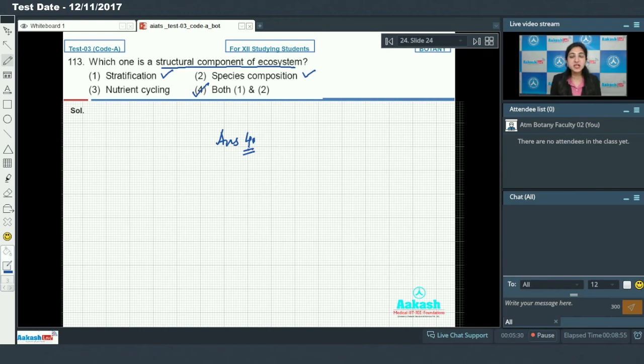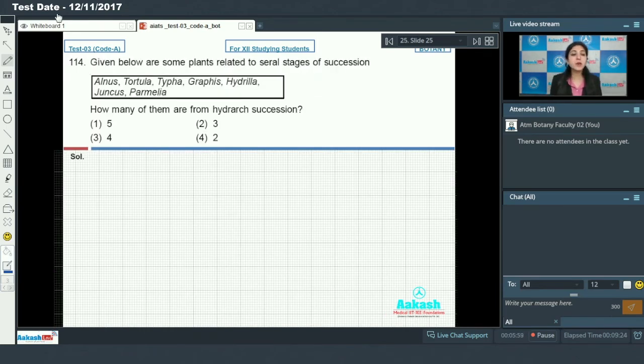Moving on to the next question, that is question number 114. Question number 114 says, given below are some plants related to serial stages of succession. Here you have to identify how many of these plants are related to the serial stages of hydrarch succession. Alnus is related to them.